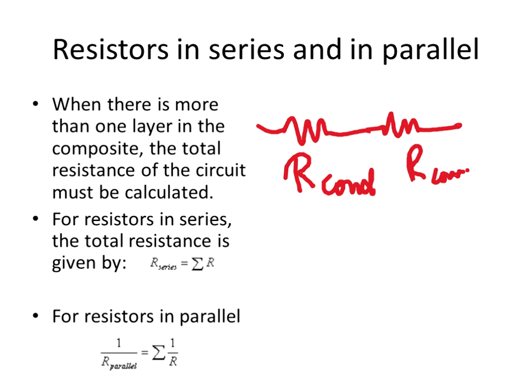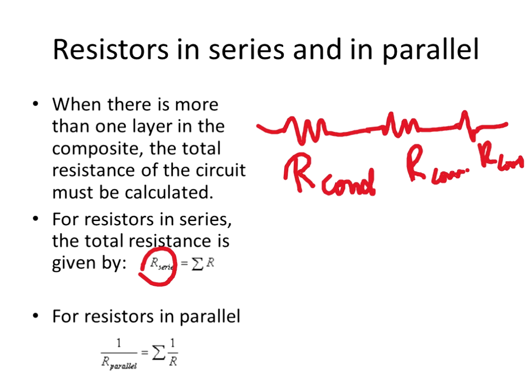And let's say that I have another layer. And you can go on and on. I can have 3 layers, 2 layers, 4 layers, it doesn't matter. If they're in series, then the total resistance is added, just like you did in electricity.